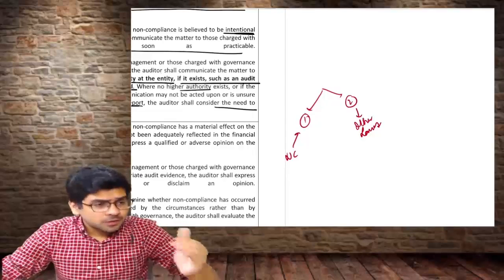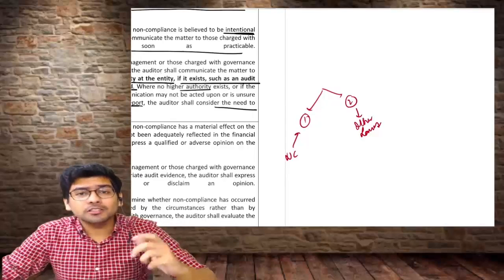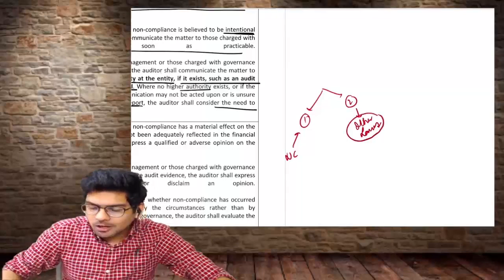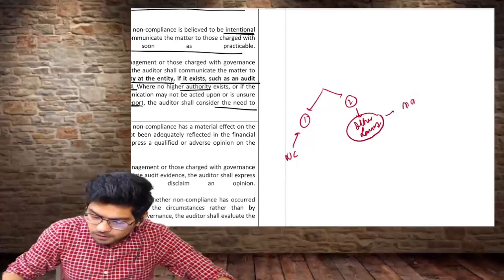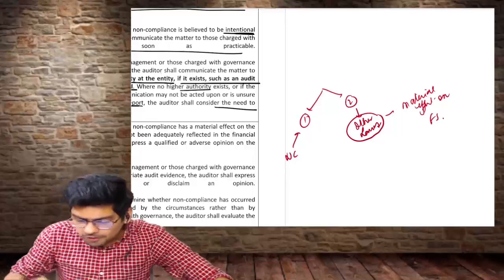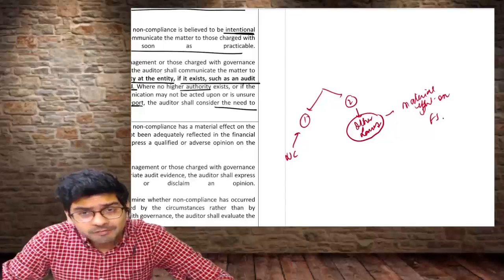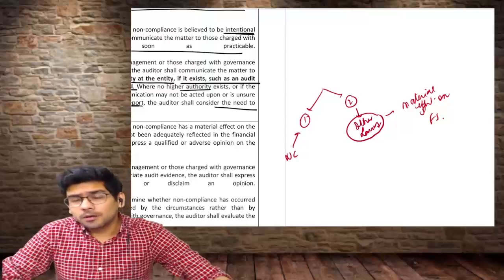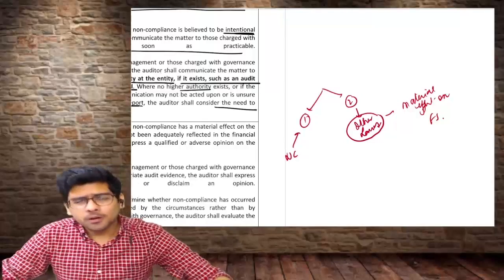So what I'm trying to tell you here is, as far as other laws are concerned, the impact of non-compliance of other laws is going to come in the audit report only if the auditor feels that the non-compliance has, and the words you have to remember here are, material effect on the financial statements. If it has, then the auditor is going to modify his opinion.